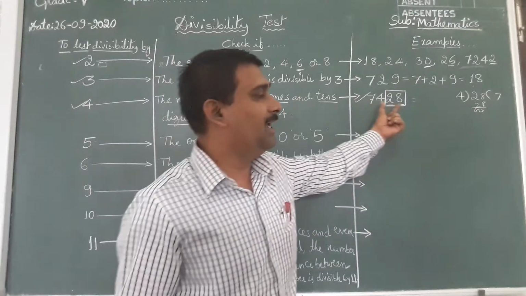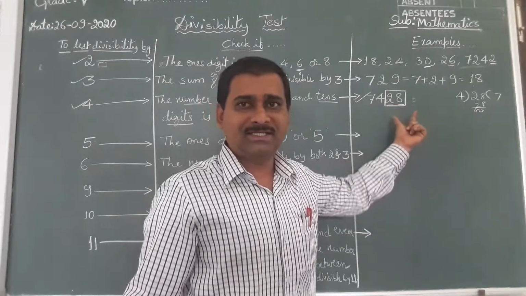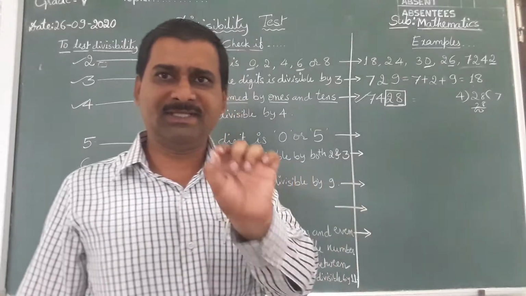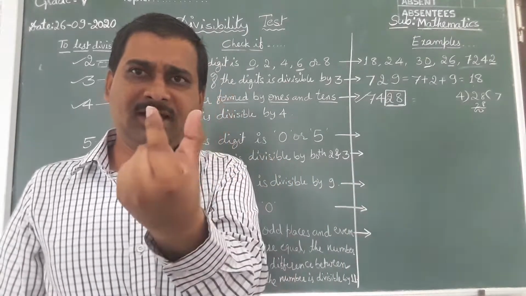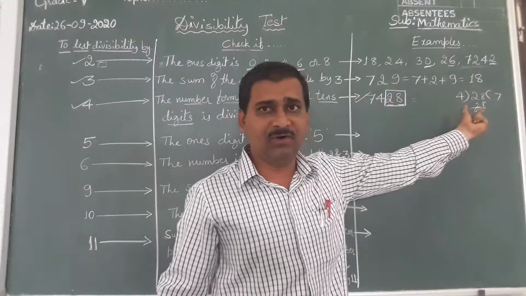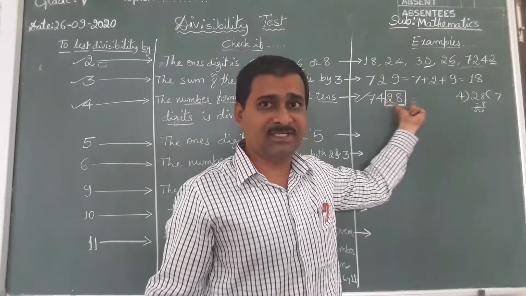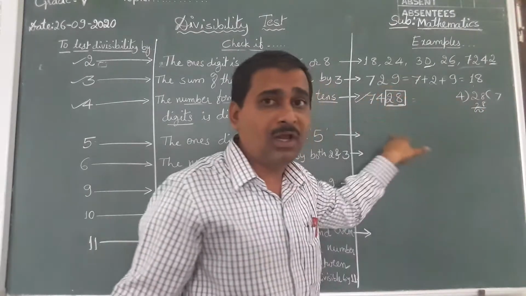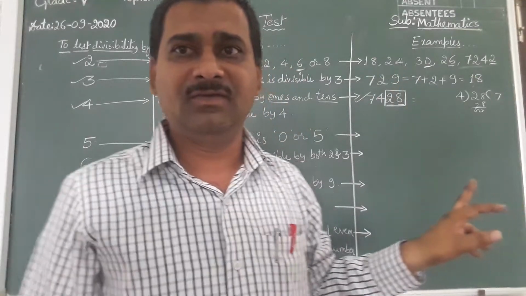We only check the ones and tens digits. Take the number of 2 digits, ones and tens, and divide it by 4. If this number is divisible by 4, the whole number will be divisible by 4.